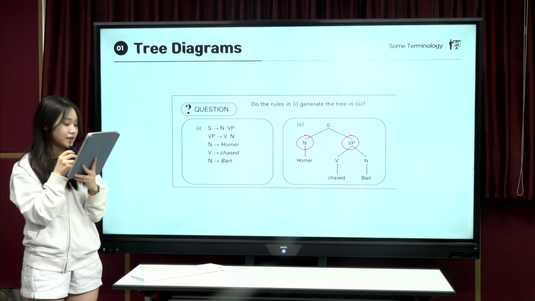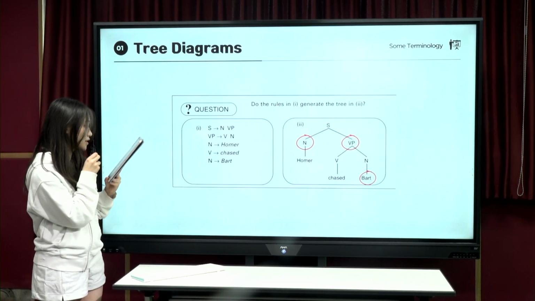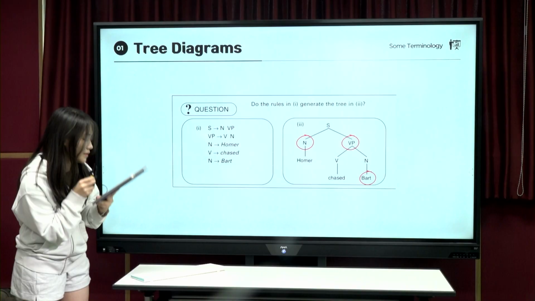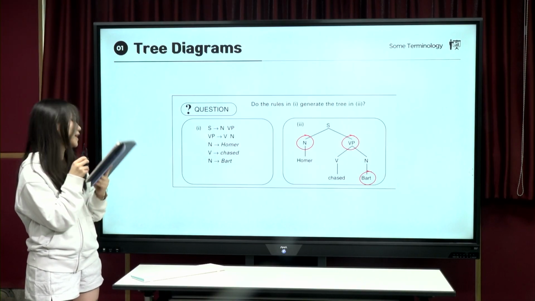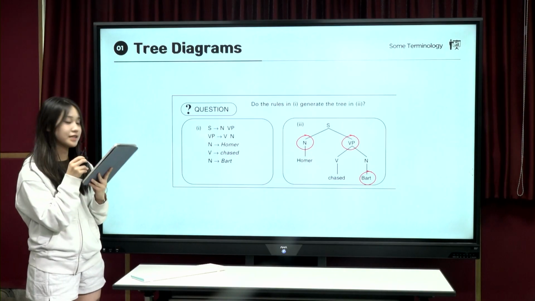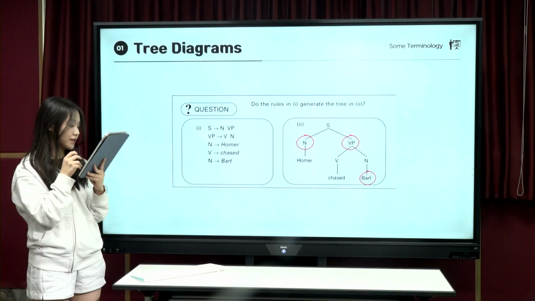And next, let's go to the N node. It has the single daughter Bert. To produce this part of the tree, we need the rule N goes to Bert. And we can check this. Next, take the VP node.